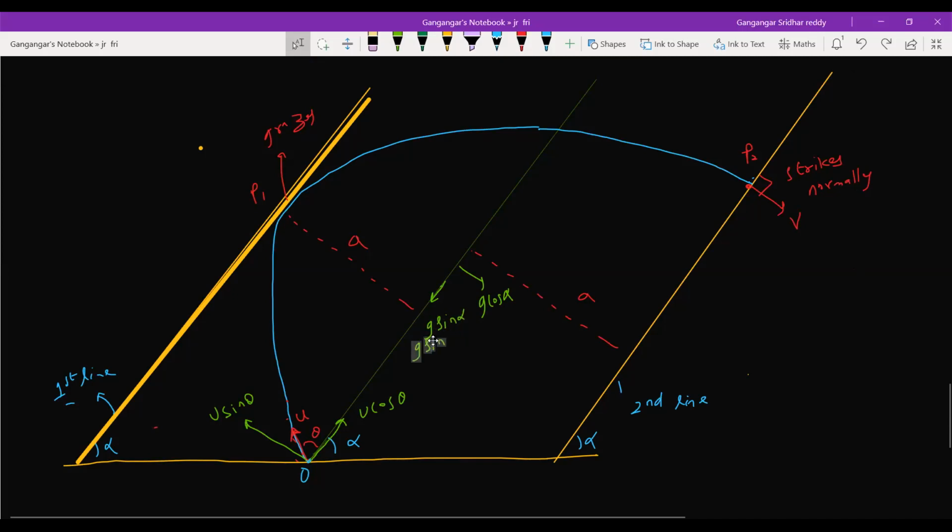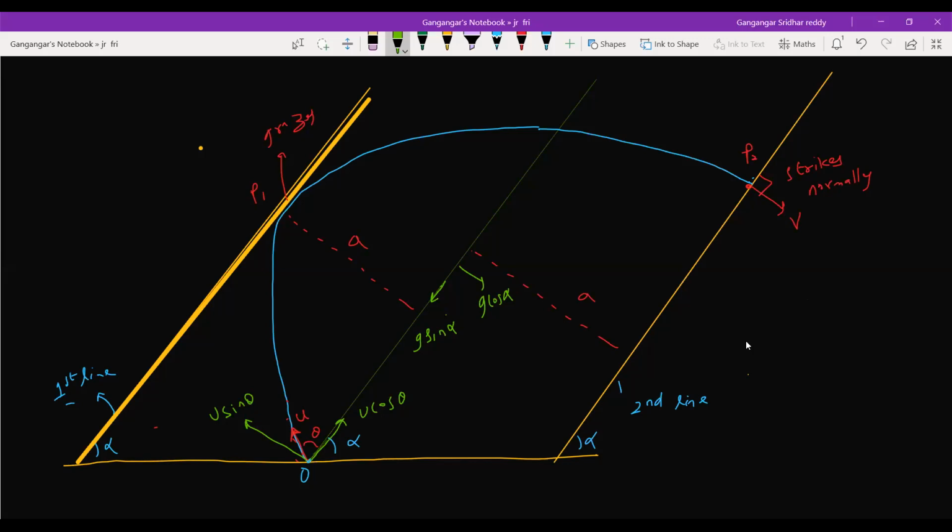Sir, just a small doubt. You said that the projectile must graze one surface and it should hit the other surface perpendicularly, right? But sir, won't the angle theta plus alpha be more than 90?